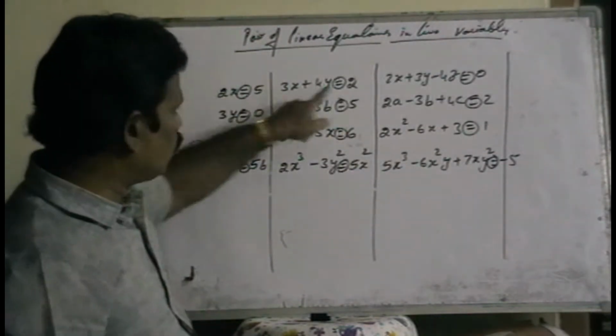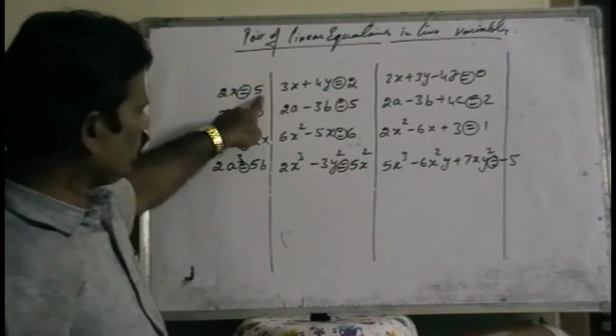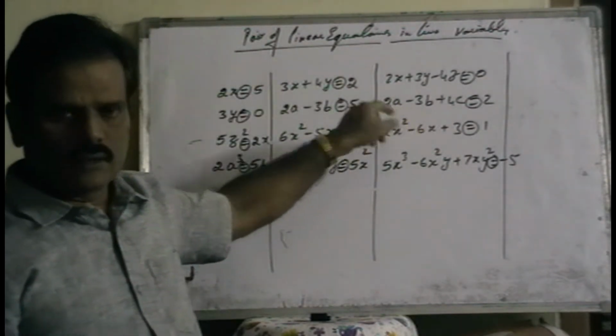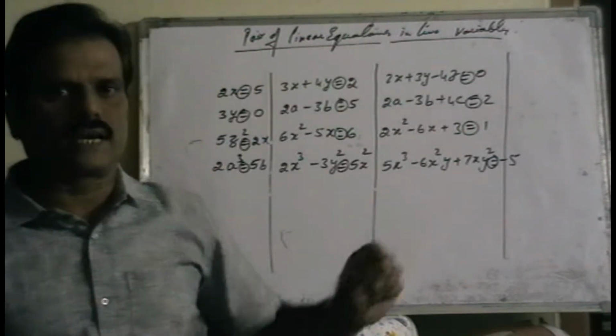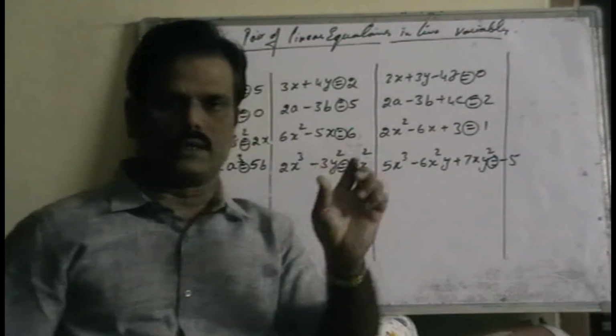Now these are equations. Why? Because they are equal to some particular constant. Equation means it compulsorily has the equal to symbol.